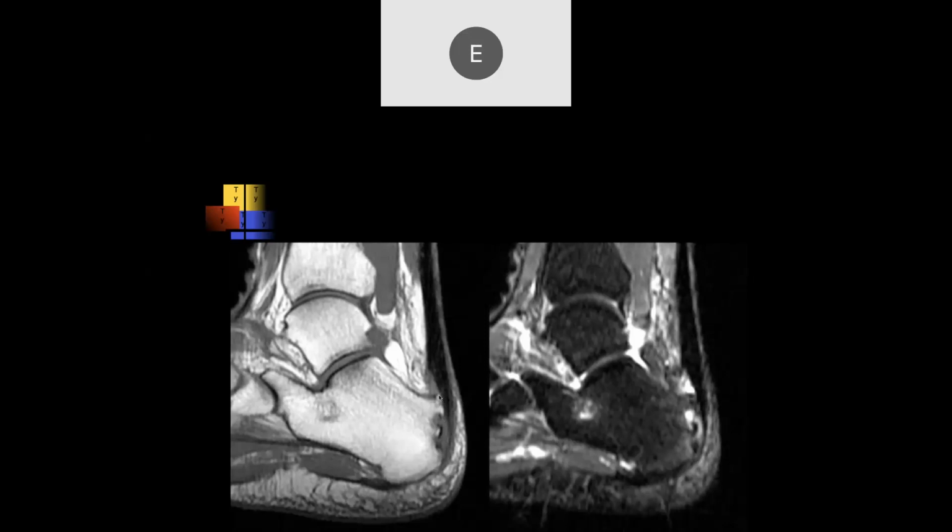Maybe a small Haglund deformity. Only a little small Haglund, right. And there's a little bit of edema in the bone here and a little bit of edema within that distal Achilles at its insertion point. And these are traction erosions at the Achilles insertion. Obviously, if this continues long enough and you get weak enough, you can then rupture and get retraction of the tendon. John?